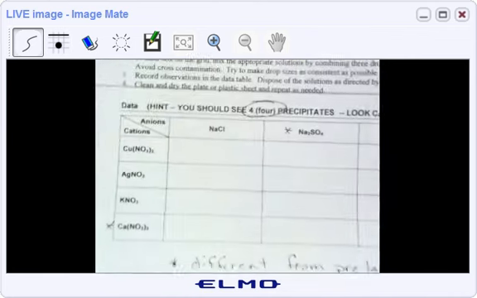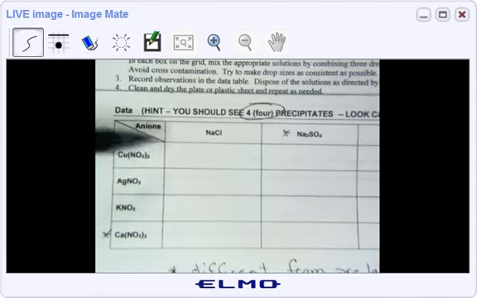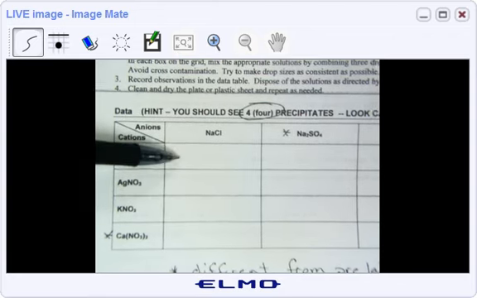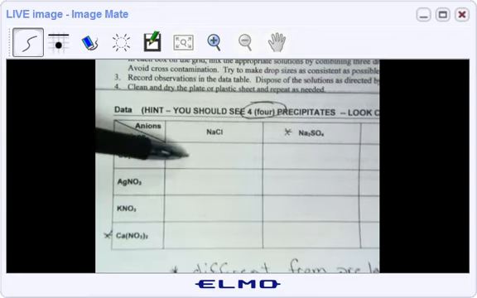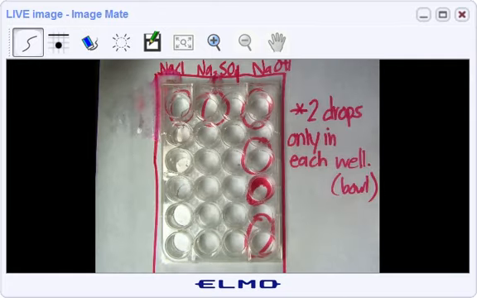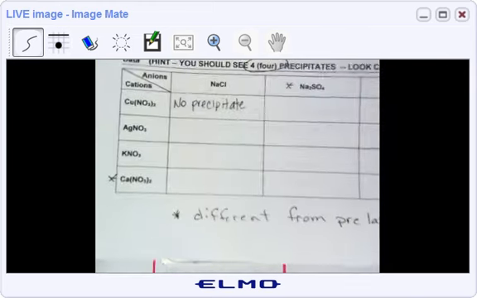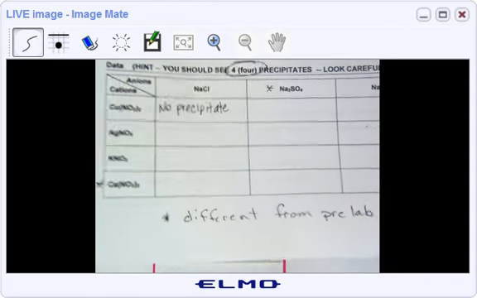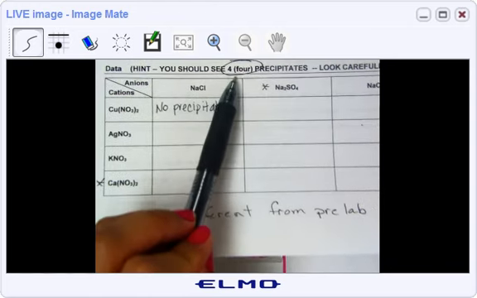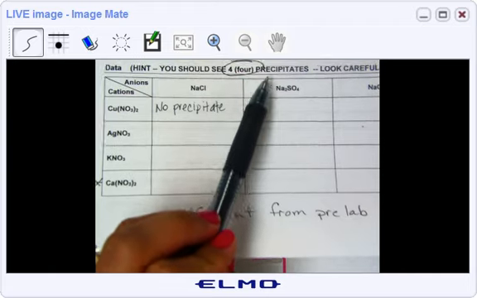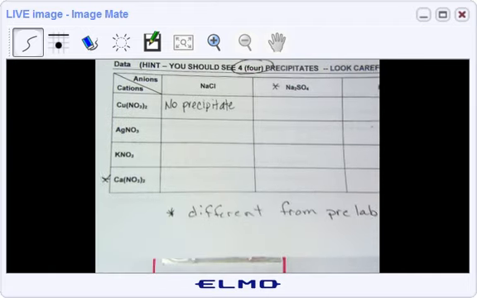So right here on my first box, where NaCl and CuNO3, I would write no precipitate. Just like this. Okay. At the very top it says you should see only 4 precipitates. So this will help you.